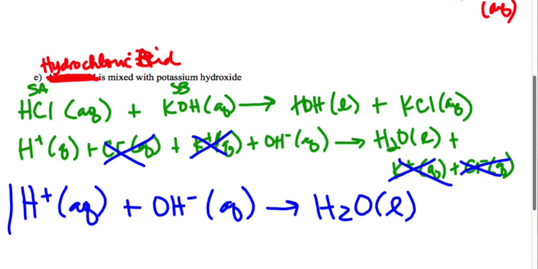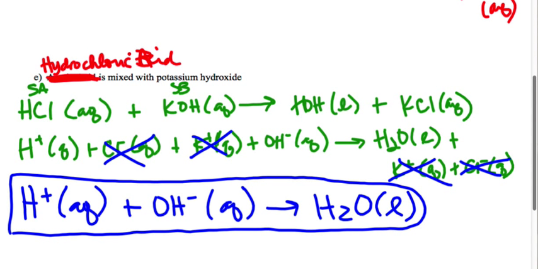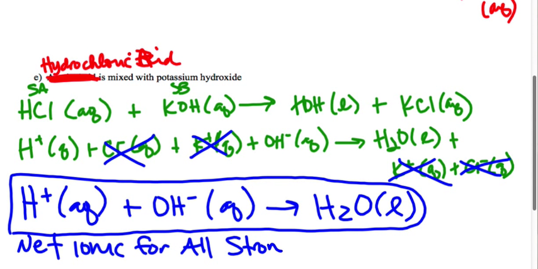I need you to realize that this is the net ionic for every single combination of strong acids and bases in the whole wide world. I can mix any strong acid and base, and this will be my net ionic. I don't care what it is. Net ionic for all strong acid, strong base.